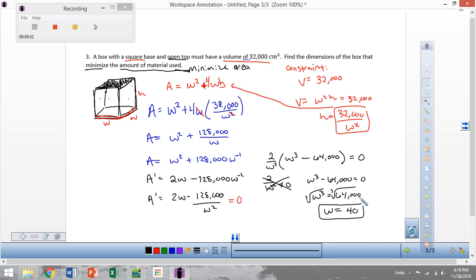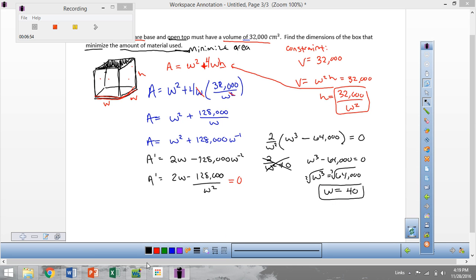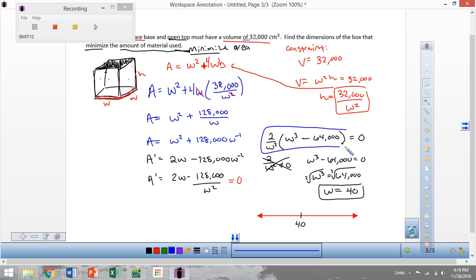Now, I don't necessarily know that W is correct. I always need to do the first derivative test on that to make sure that we have a minimum. I am trying to minimize my area, so I put 40 on the number line. I go to my most factored version of this, which is right here, and I plug in something to the left of 40, again making sure that I stay inside the constraints.